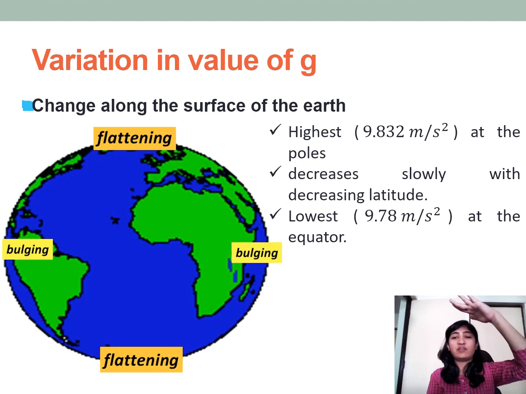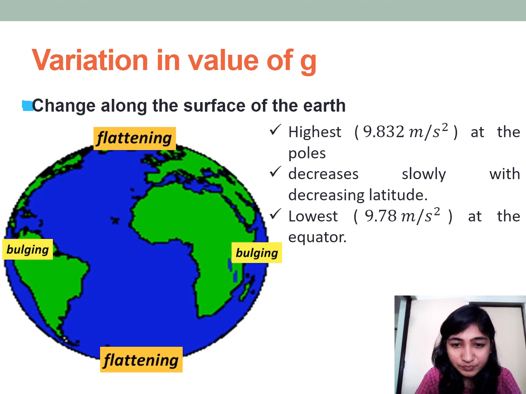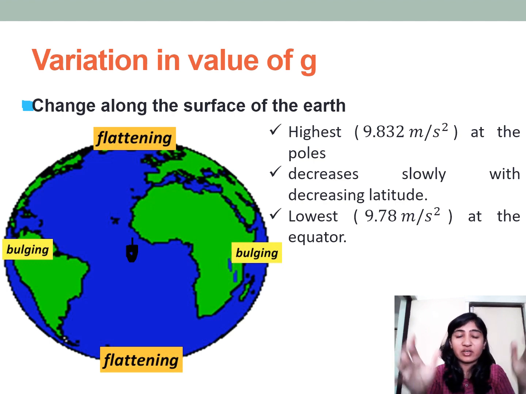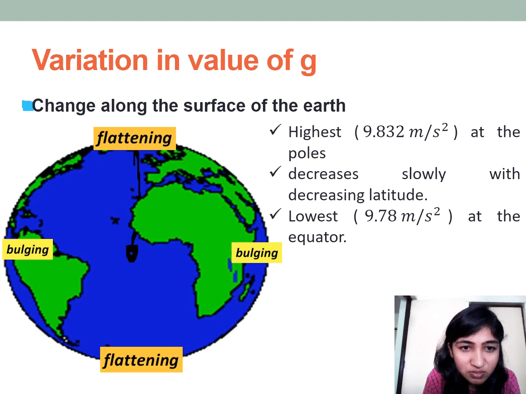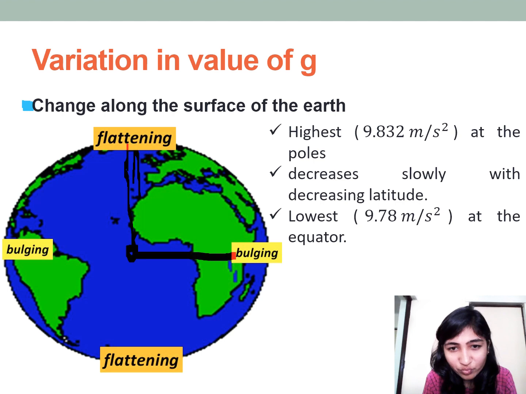As the Earth is flat at the poles and bulged at the equator, it is not completely spherical, so the distance from the center to the point at the poles, where it is flat, and the distance from the center to the point where it is bulged, are different, right?